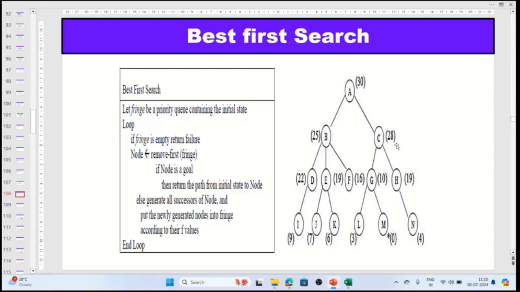So that is generally the separation between A and C, or first node and second node. So the logic is very simple. I have to select the lowest of this, so my path will be optimal. My path will be having the cheapest cost. That's why it is said to be best first search.